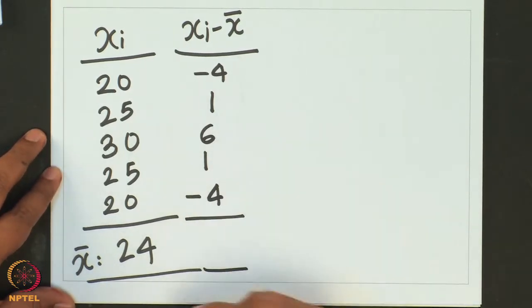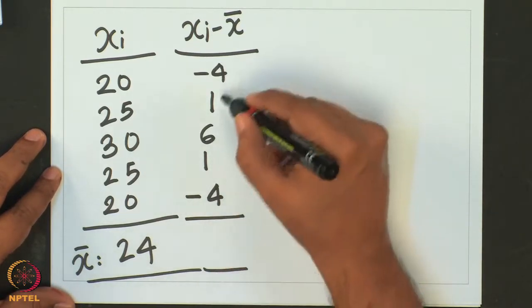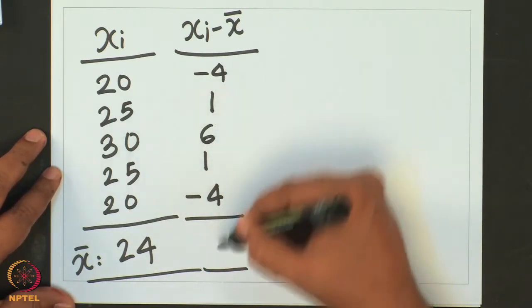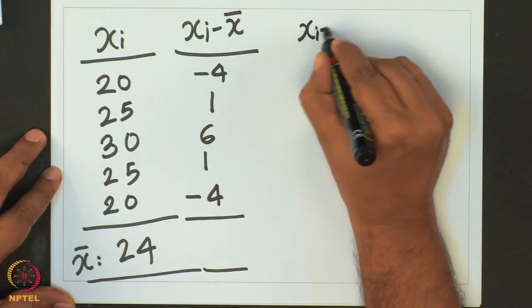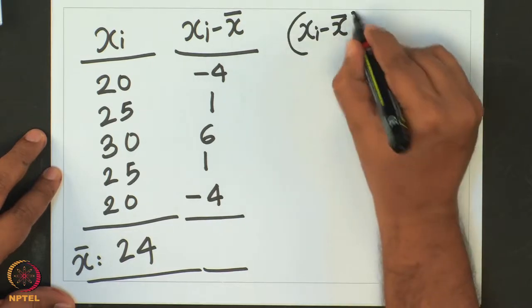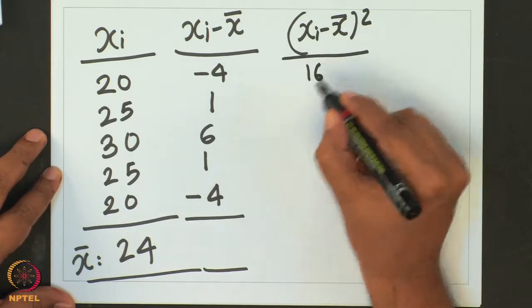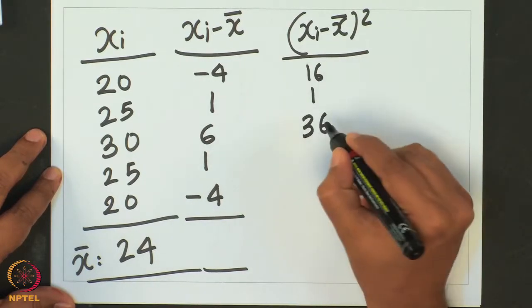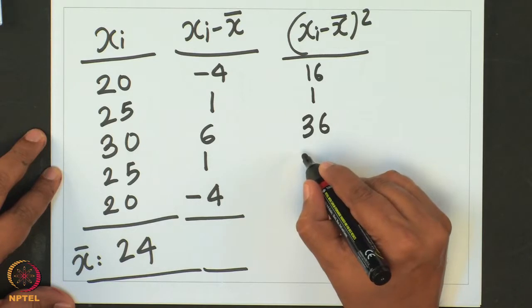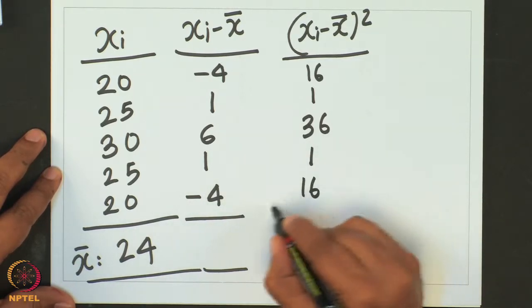So the sum of this would be 0, and that's not what we want. The minus 8 and plus 8 sum to 0. But what we want is xi minus x bar whole square, which is 4 square, which is 16, then 1, and 36, and 1 square is 1 and 4 square is 16.